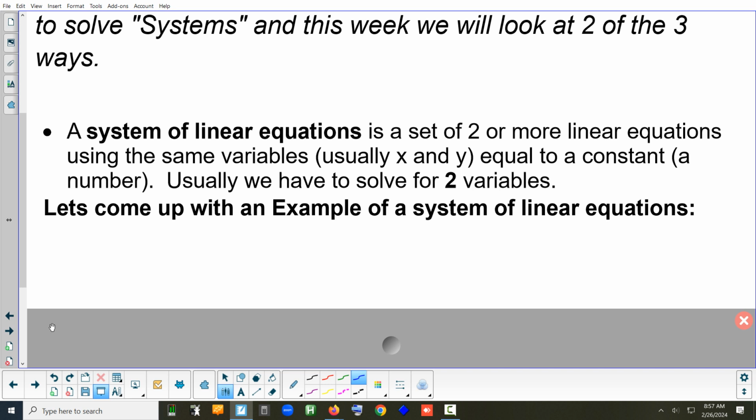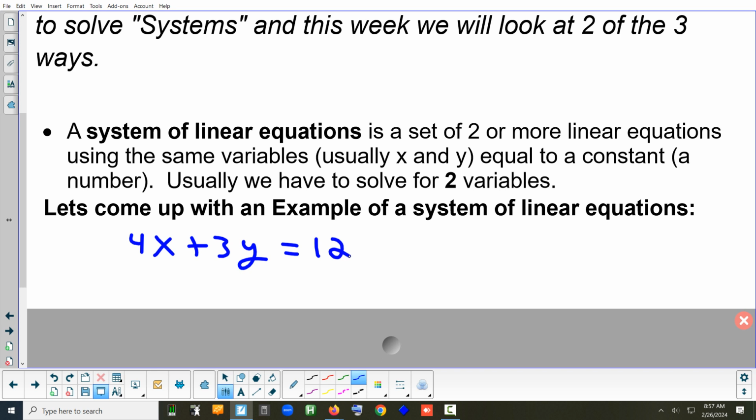But I just need someone to give me an equation that has an x and a y in it. And you can put numbers in front of the x and the y if you want. And it's going to have an equal sign too. 4x plus 3y equals 12. Perfect. That's a linear equation. Yep. 4x plus 3y equals 12. I could get y by itself if I really wanted to.